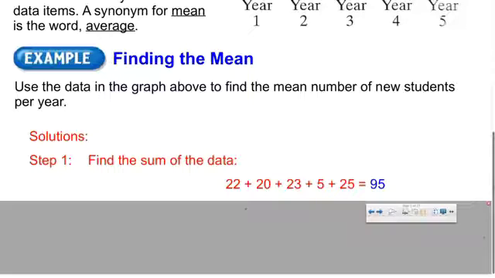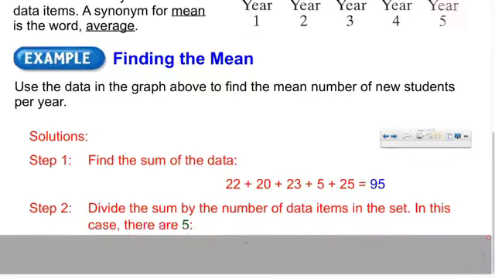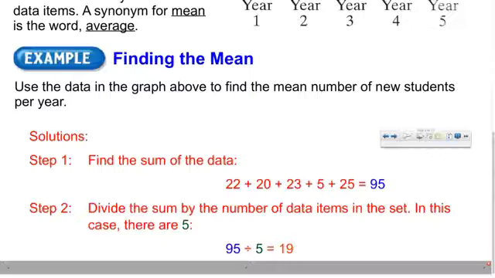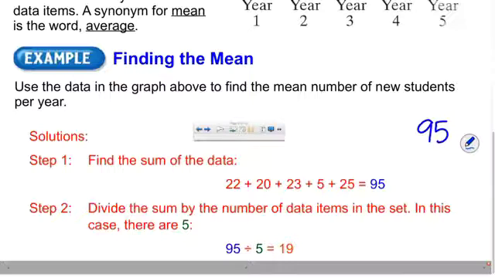I got 15. 19. Let's double check. 95 divided by 5: five goes into 9 once. 1 times 5, 5.